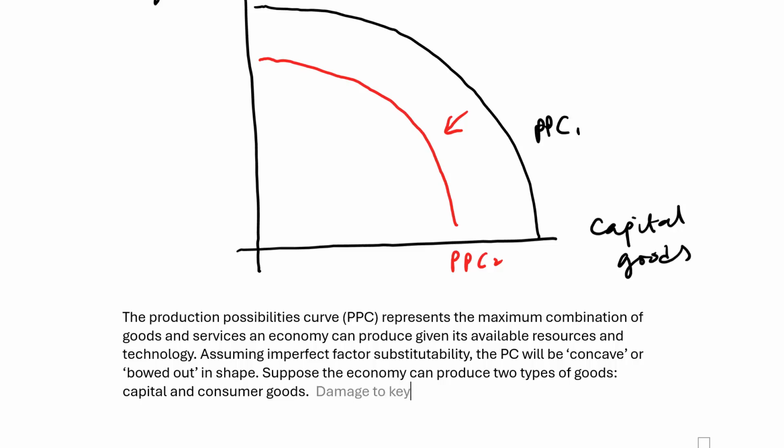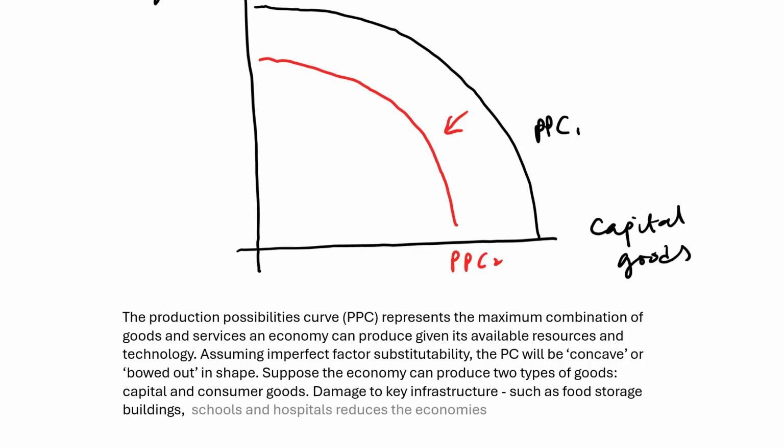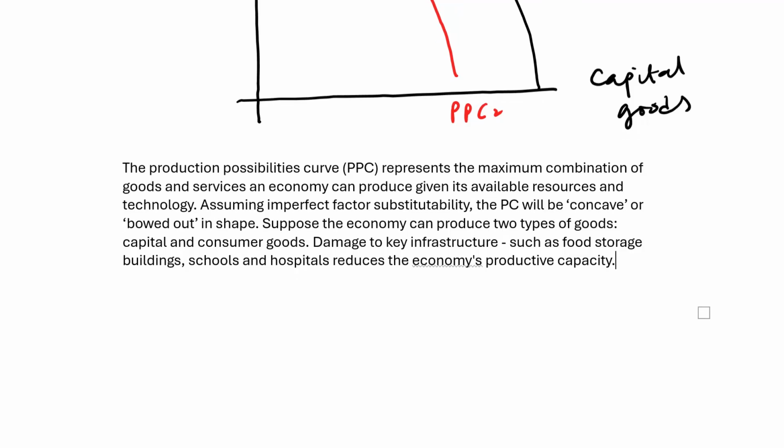Damage to key infrastructure, such as food storage buildings, schools, and hospitals, reduces the economy's productive capacity. This is depicted by a contraction of the PPC from PPC1 to PPC2.